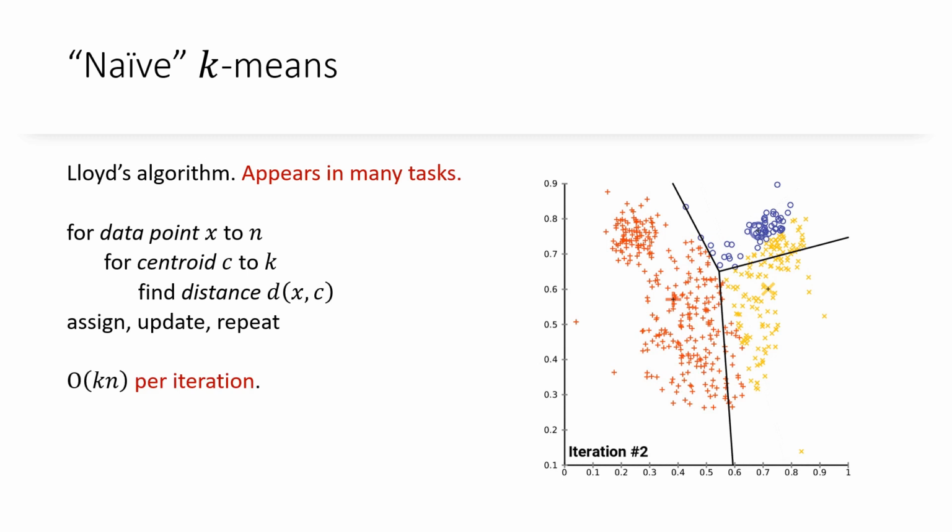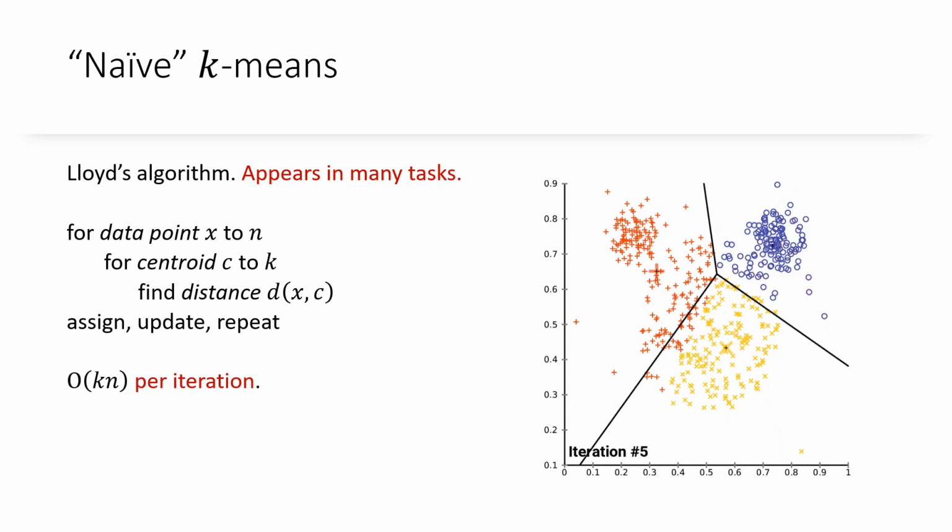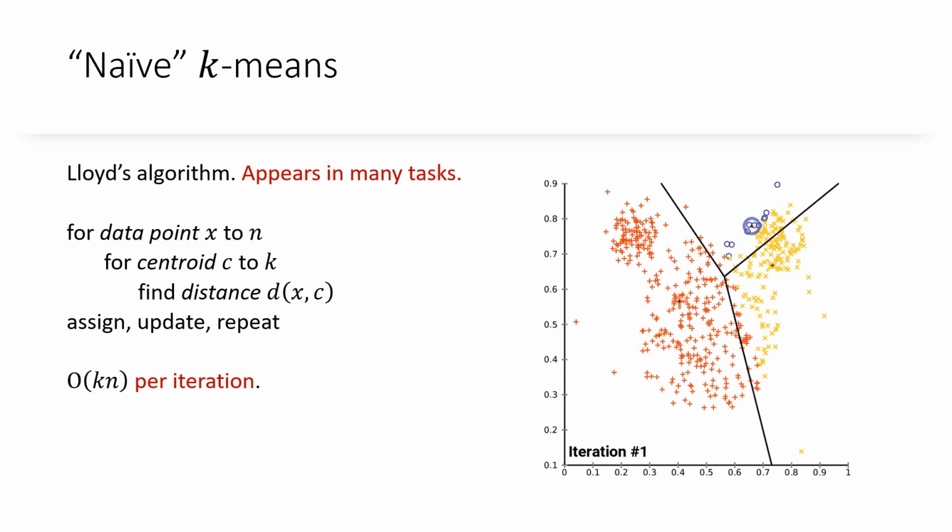So in general, the complexity of Lloyd's algorithm would be described as a linear complexity between the number of centroids and the data points, as we have to compute all the distances.